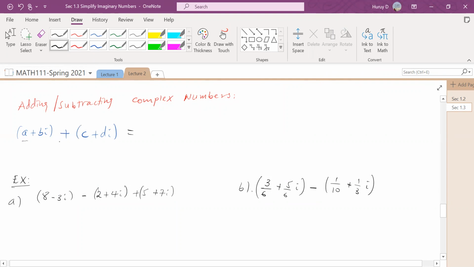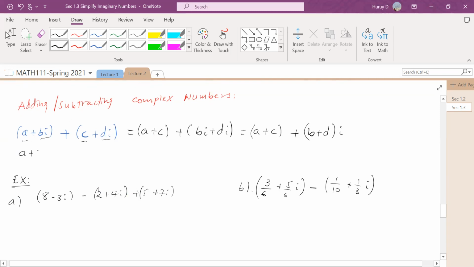Here we have a and c, they are real, and the imaginary parts are bi and di. So the real part will be a plus c, and here we have bi plus di, and here we factor i out, so it becomes a plus c plus b plus d times i.